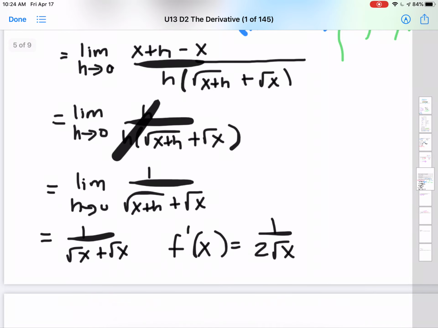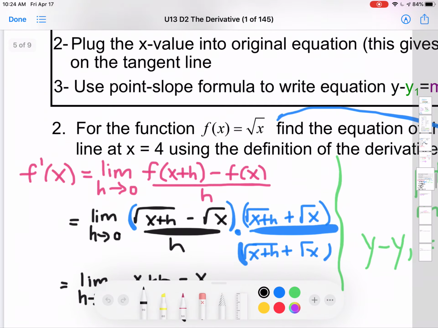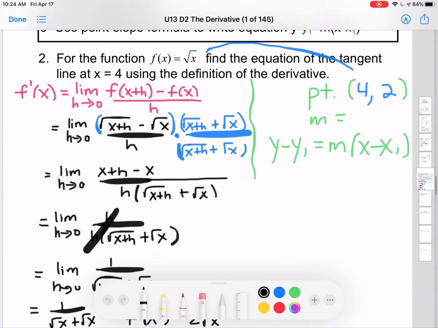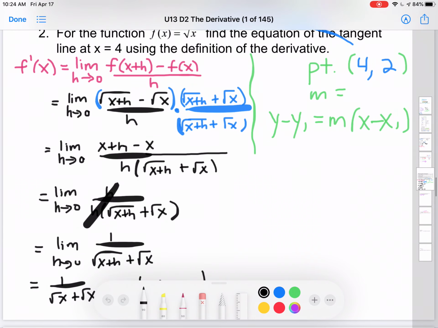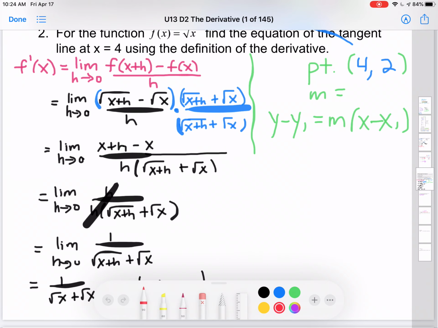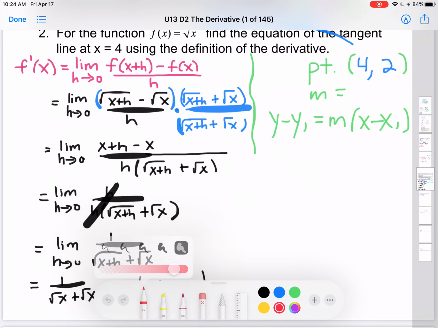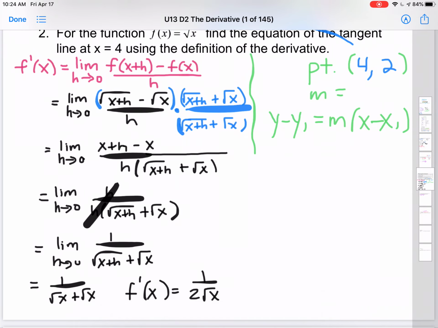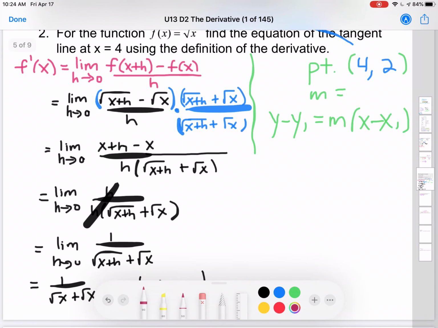But in this particular problem, we are looking at x equals 4. So now I want to know what this m value is right here. Okay, right here, I want to find this m value.